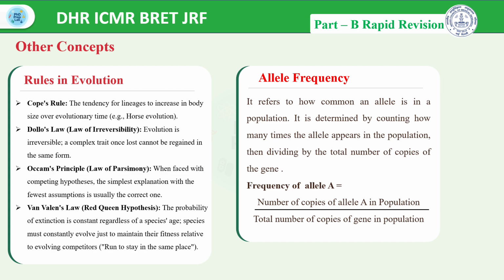So the probability of extinction is constant regardless of species age. Species must constantly evolve just to maintain their fitness relative to evolving competition, which is running to stay in the same place.